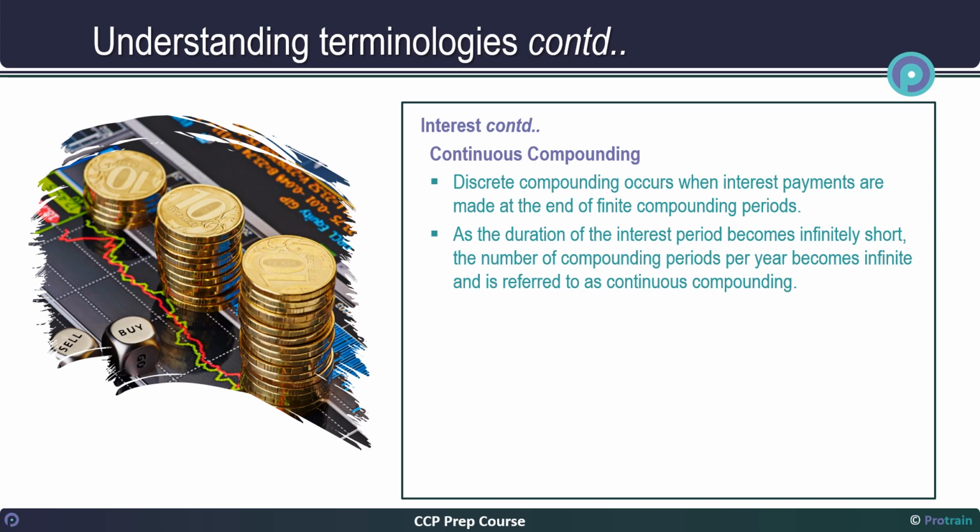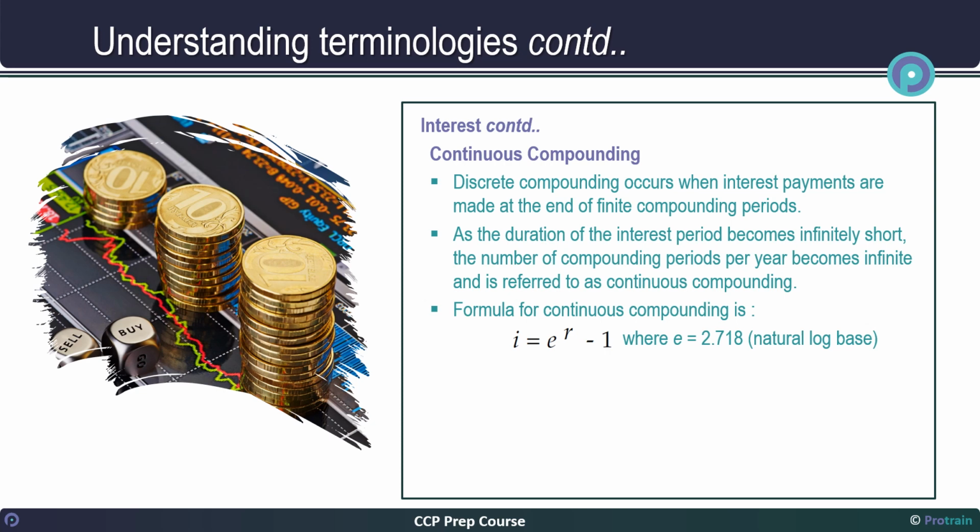If we take the formula of effective interest rate discussed in the earlier slide, and limit the value of k to infinity, the formula for continuous compounding shall be: rate of interest for continuous compounding, or I, is equal to e to the power r minus 1, where e equals 2.718. e is nothing but the natural log base, and r is the nominal interest rate.